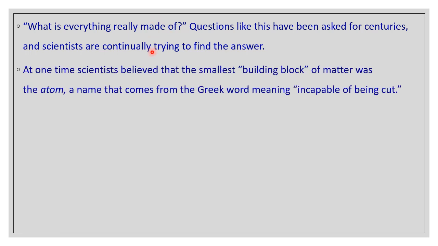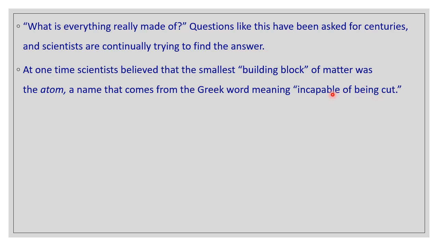At one time, scientists believed that the smallest building block of matter was the atom, a name that comes from the Greek word meaning incapable of being cut. In Greek, there is a word, tomio, meaning breakable, divisible. The opposite of tomio is atomio: unbreakable, indivisible, uncut, or incapable of being cut.